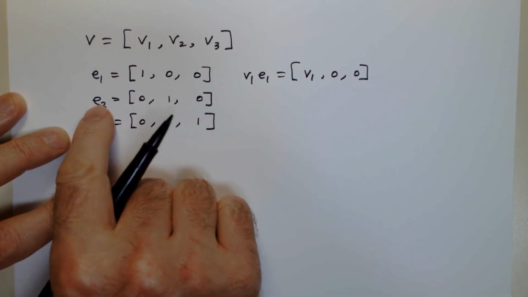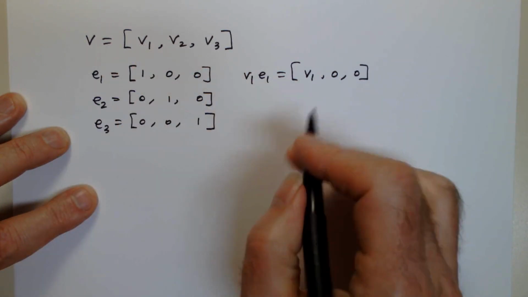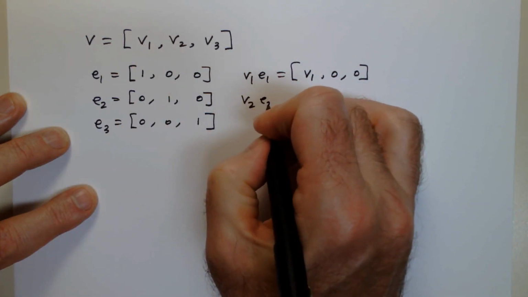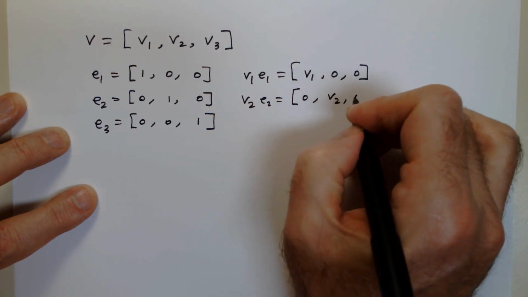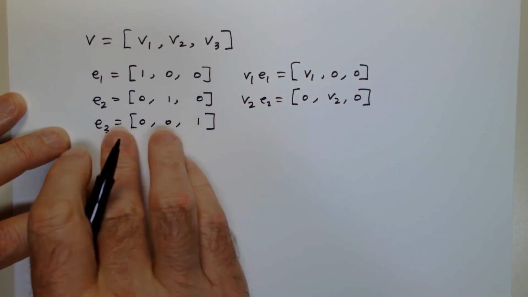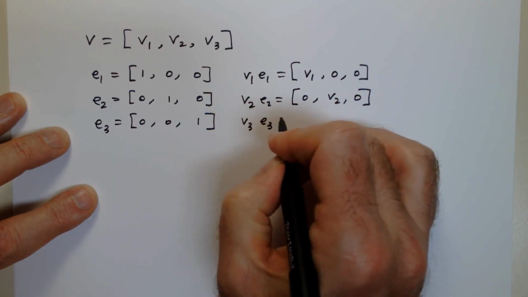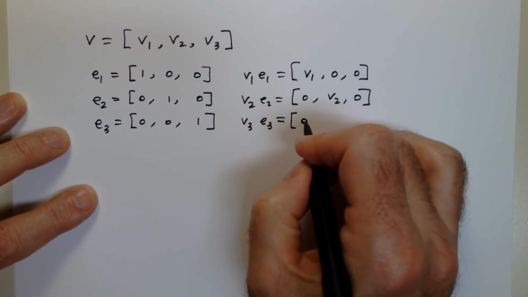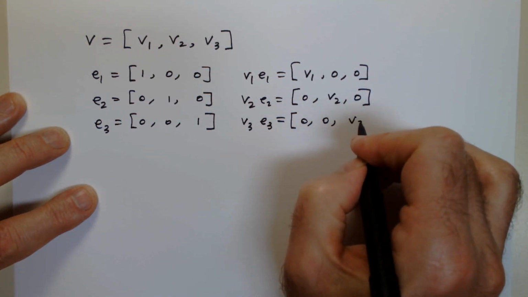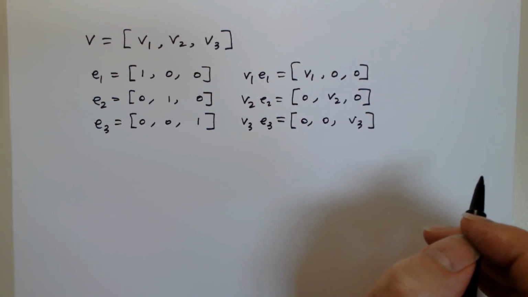If I scale E2 by V2, we're going to get 0, V2, and 0. And we're going to do likewise, scaling the vector E3 by V3. And now the last step is just to do some vector addition.